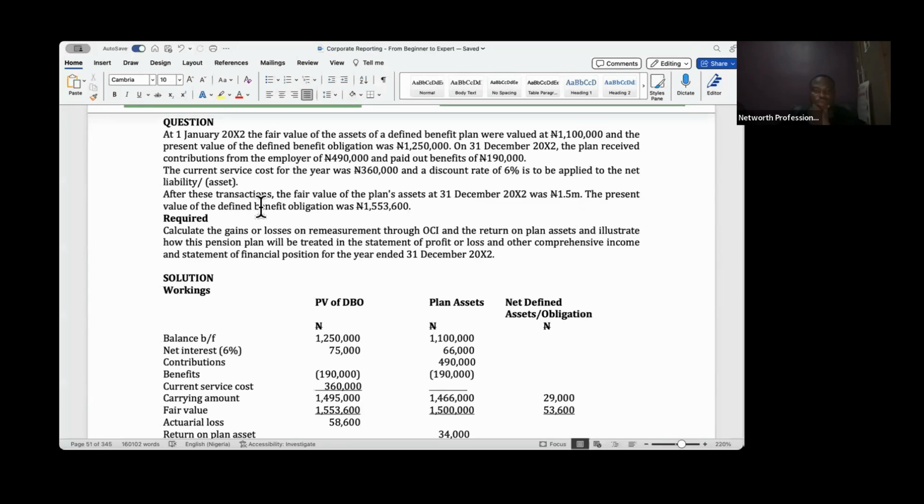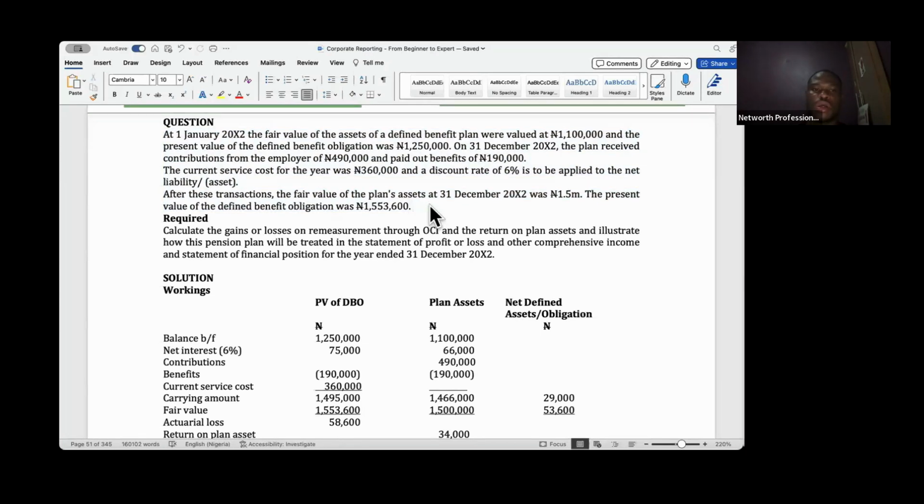We are required to calculate the gains or losses on remeasurement through OCI and the return on plan assets and illustrate how this pension plan will be treated in the statement of profit or loss and other comprehensive income, and also in the statement of financial position. Like I've told you, they will give you all the figures you need. You just need to master how to deal with them. So this question will teach us how to do that.